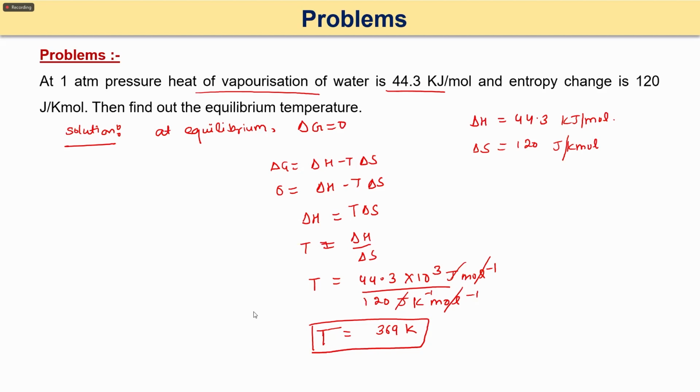After that, we started studying entropy, the entropy change, spontaneity and randomness, that we studied in the last class. Then in the next class, we studied free energy, the relation, and we solved some problems.